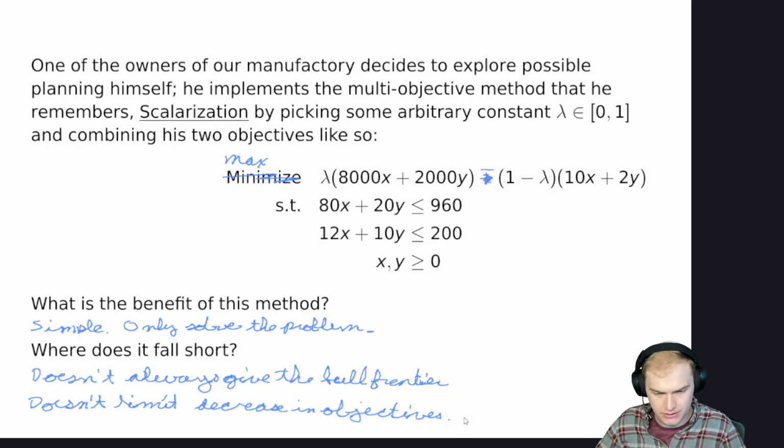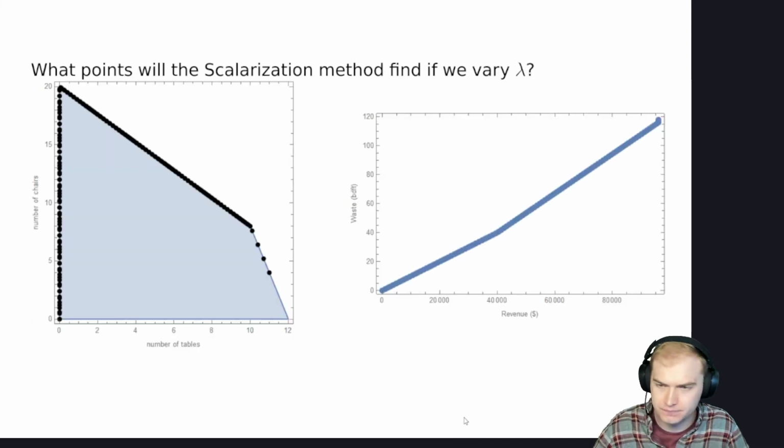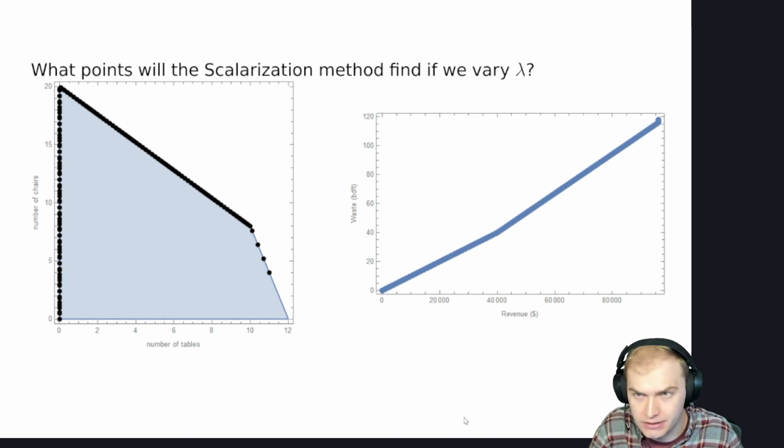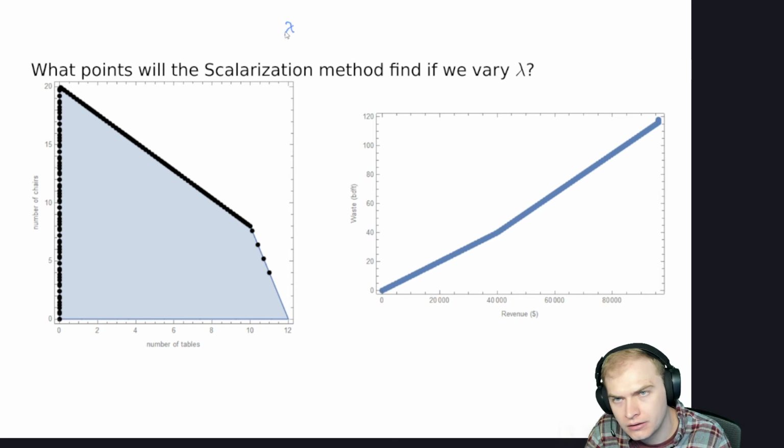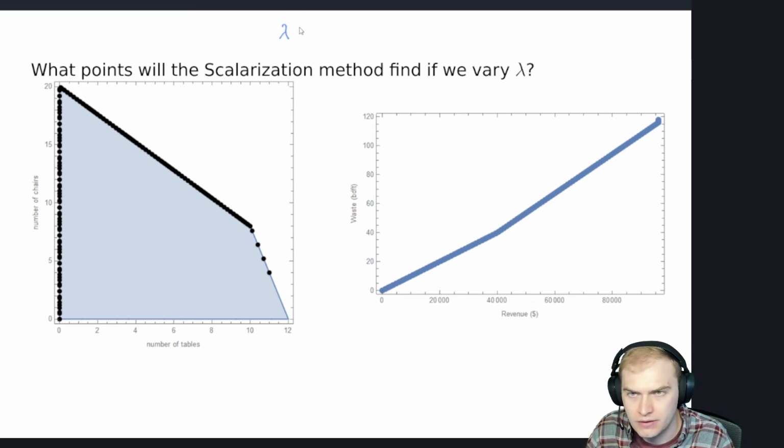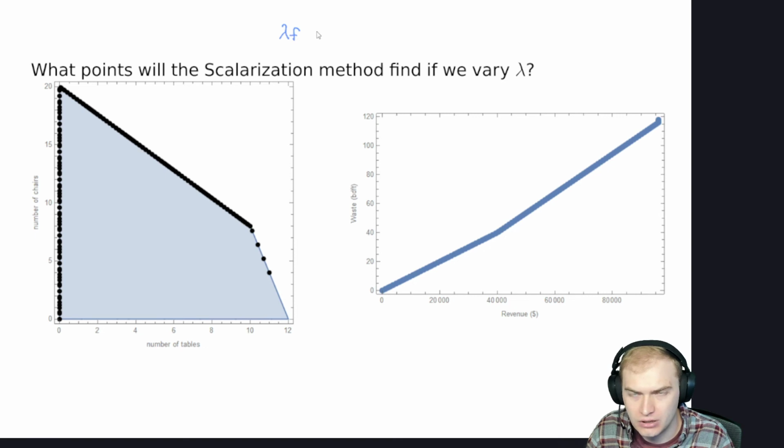Yeah, so here is, the next slide gives us this. So we had lambda times the profit minus 1 minus lambda times the waste.